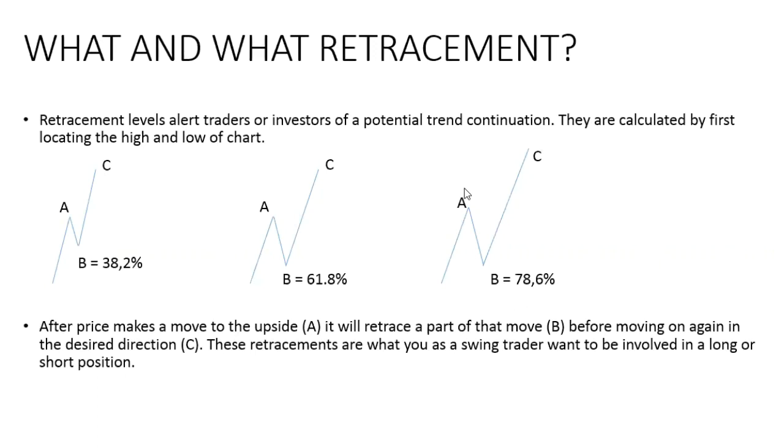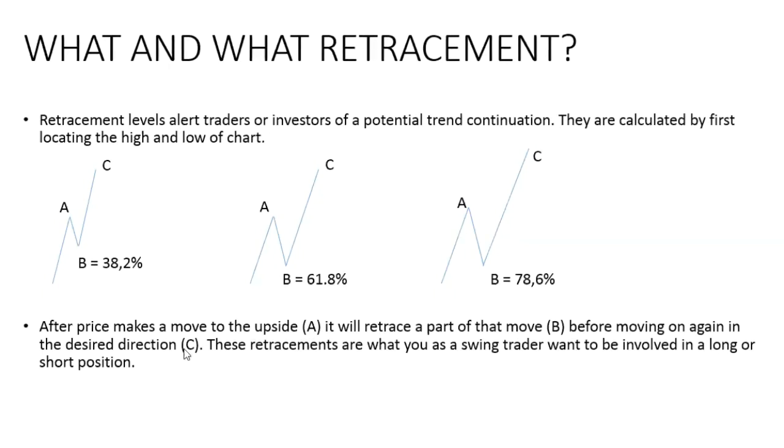Impulse upwards, retraced or corrected downwards to the 78.6 key level, and then it continued to shoot upwards. So basically, these levels show us where possibly price can go back up, because we know that during this correction, with the strategy, we'll be staring at what price pattern is giving us.